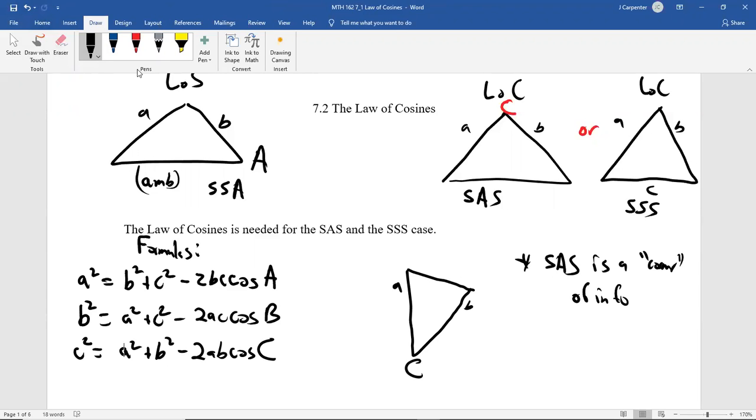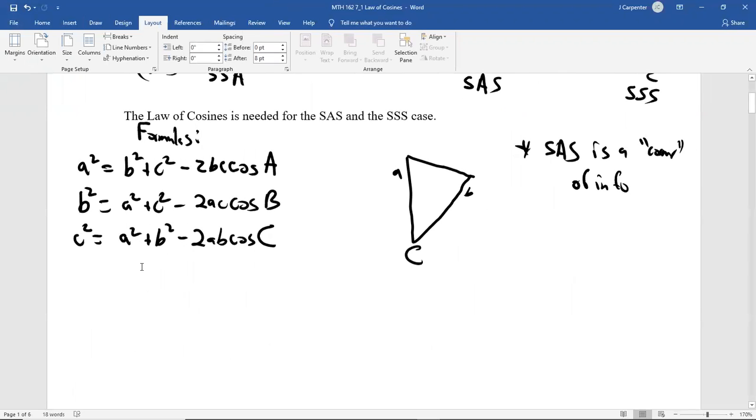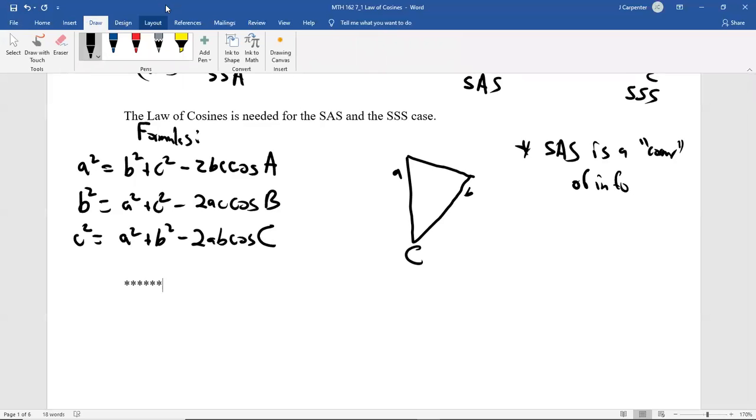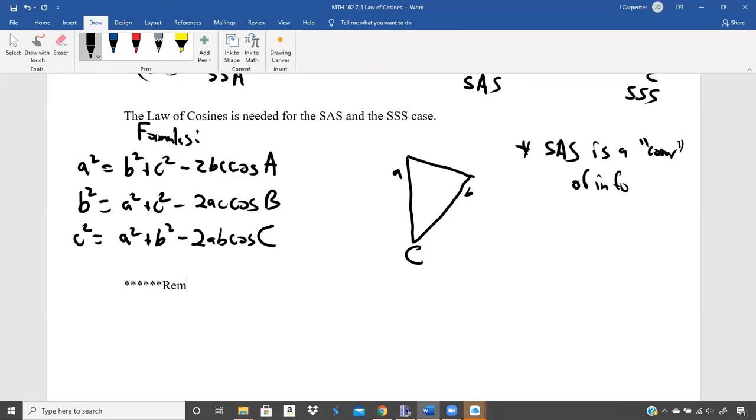All right, so before we try this out, I need to point out something extremely critical. So lots of asterisks for this one. Remember, the inverse sine is only valid from negative 90 degrees to positive 90 degrees.